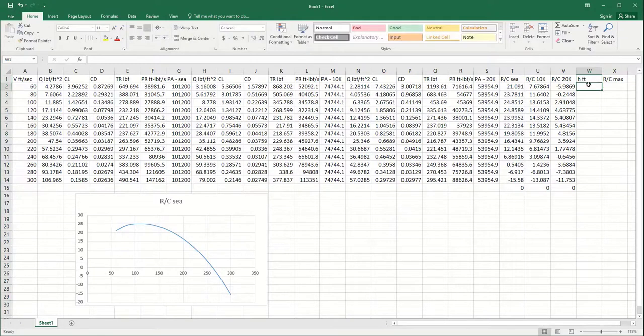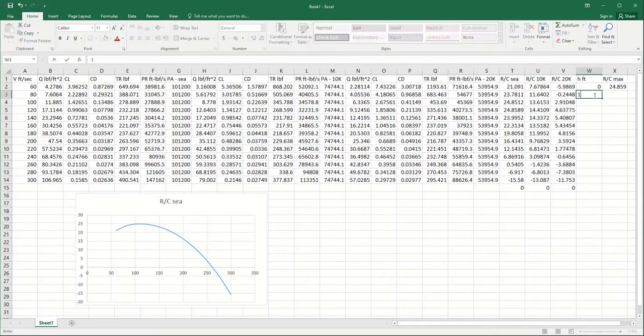So at sea level, I'm looking down the sea level plot, and it looks like the maximum rate of climb is 24.859. So I'm just going to type that in here, 24.859. And that's in feet per second.